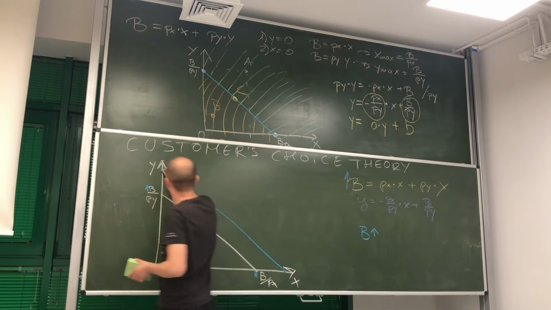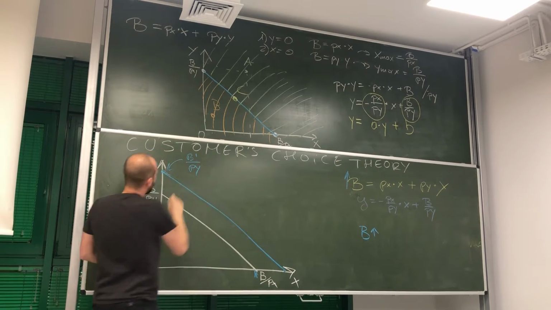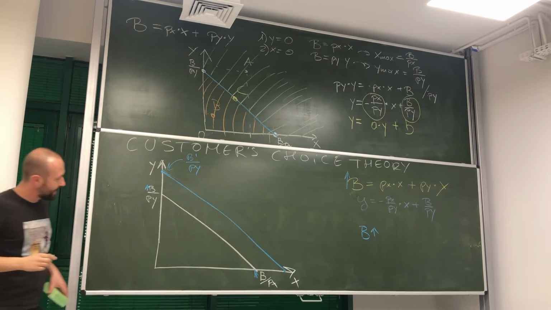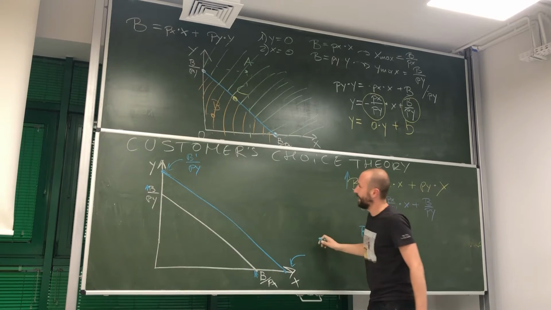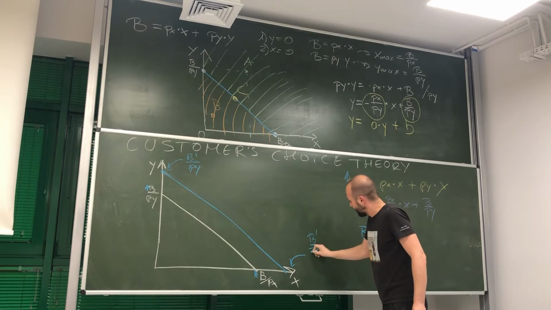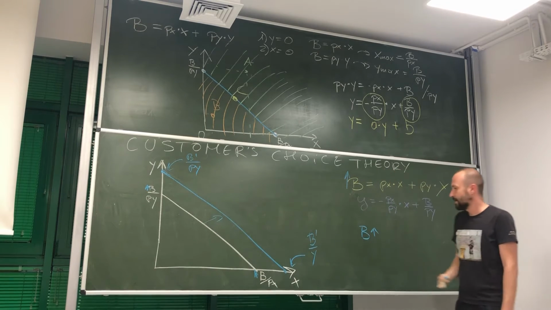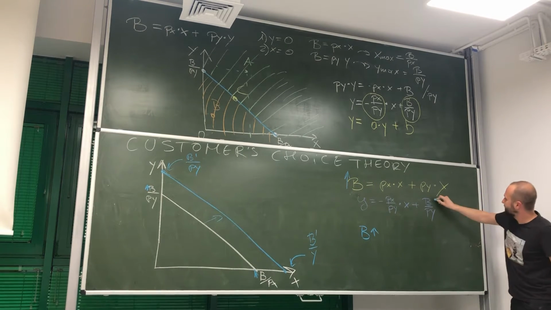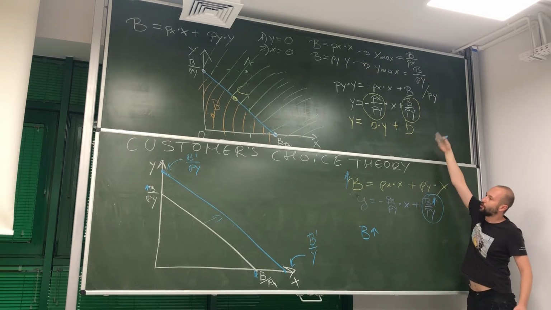Because now we will have here a point where we can afford more of good y and more of good x, right? And this is a parallel shift, right? Look, it makes perfect sense. With higher b, we will see it as b going up.